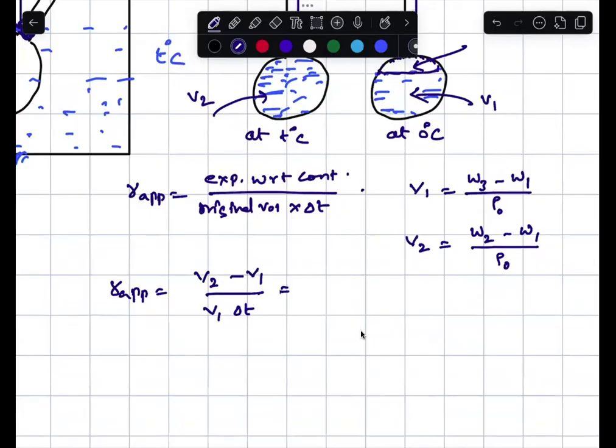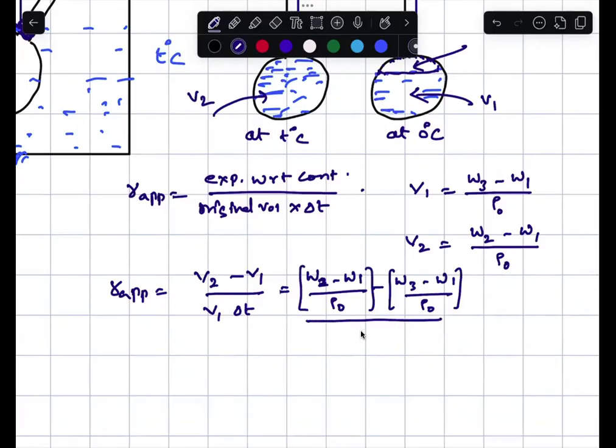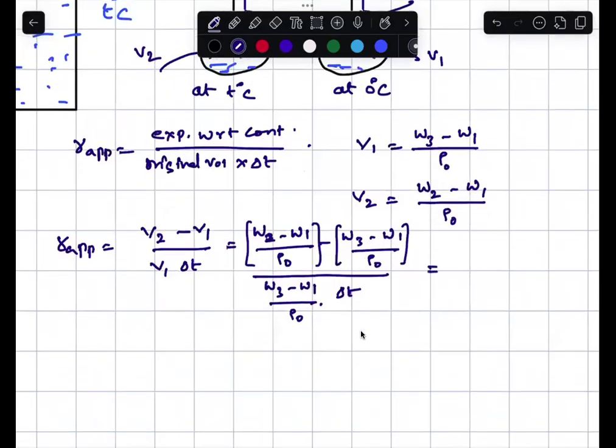Now, what I require is to apply this relation. W2 minus W1 by rho naught, minus W3 minus W1 by rho naught, divided by W3 minus W1 by rho naught into delta T. This is nothing but W2 minus W3 by W3 minus W1 times delta T. Rho naught cancels.